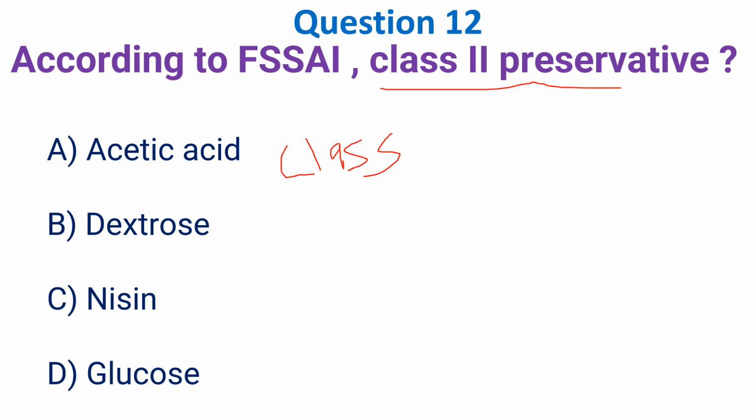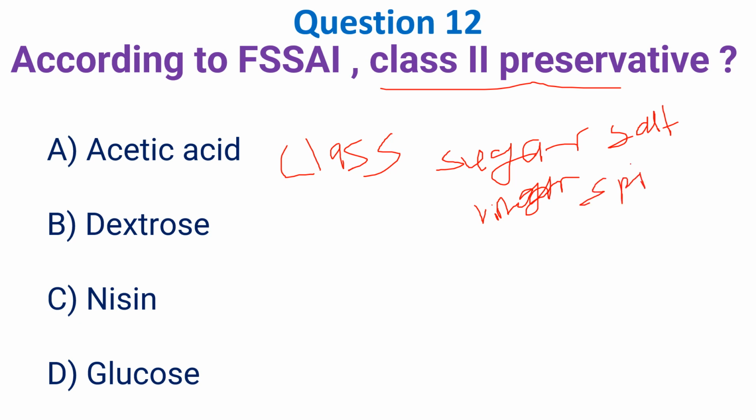Examples of class 1 preservative are sugar, salt, vinegar, spices, honey, etc. And class 2 preservatives are benzoate, sorbate, propionate, sulfite, which are also used broadly as class 2 preservatives in fruit processing.